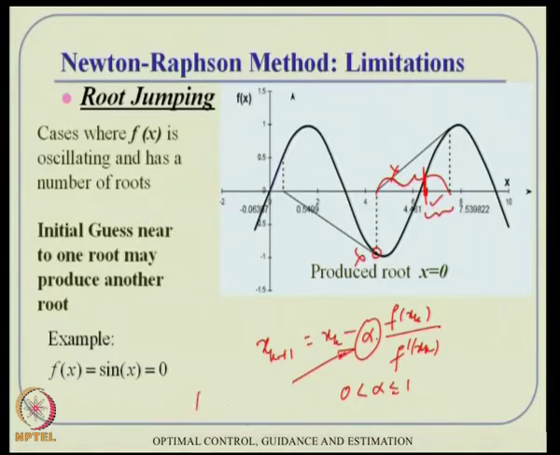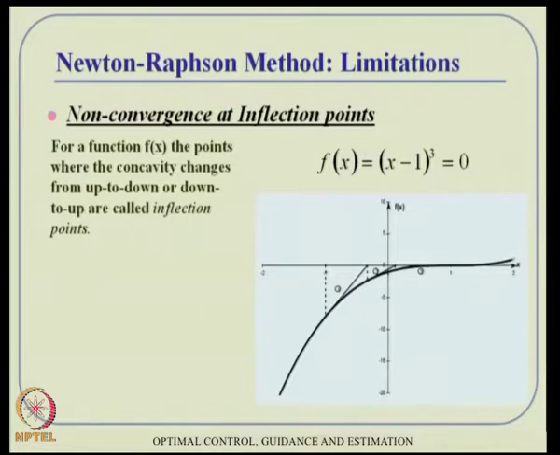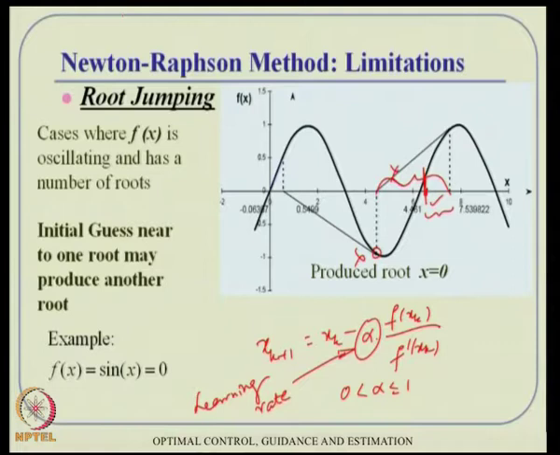This is called the learning rate, and we can select an appropriate value which will help eliminate some of these problems. So, first, it doesn't converge around an inflection point, and second, there is the root jumping problem.